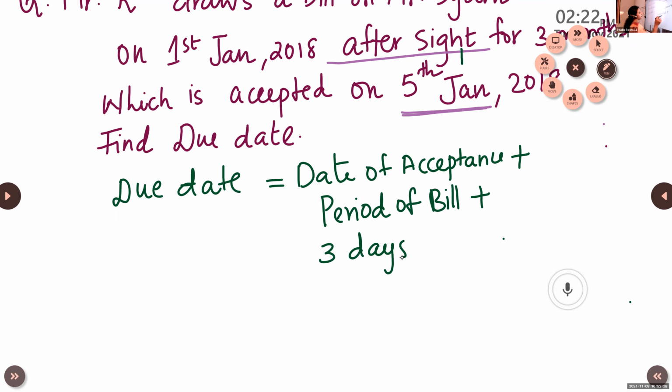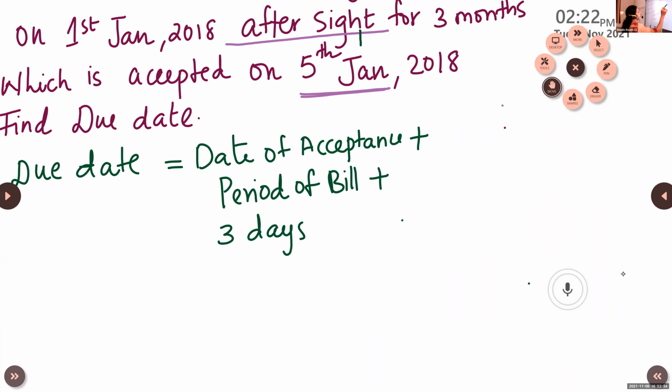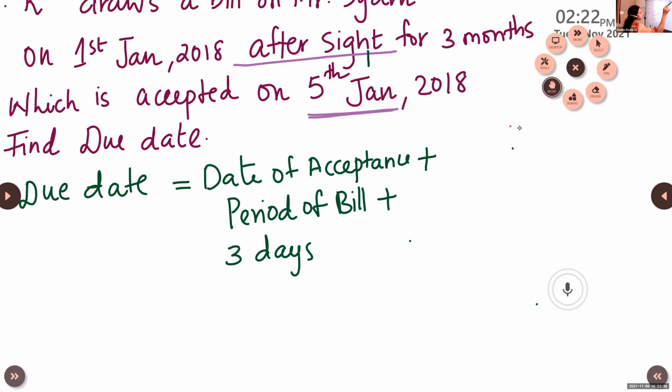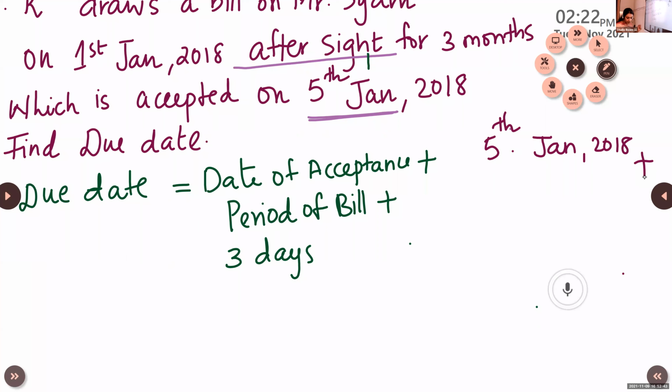It is 5th January 2018 plus how much is the period of bill? 3 months. So what is the date that you get?